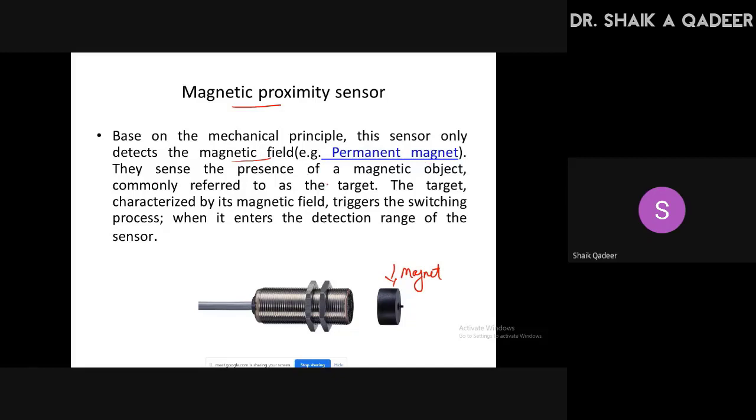They sense the presence of a magnetic object, commonly referred to as the target. So mostly you remember in the Hall effect sensor also, the target characterized by the magnetic field triggers. Okay, the target which is a magnet or magnetic having a magnetic field, it triggers the switching process when it enters into the detection range.